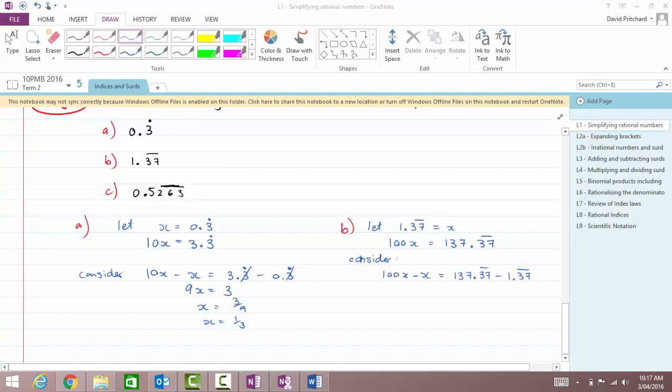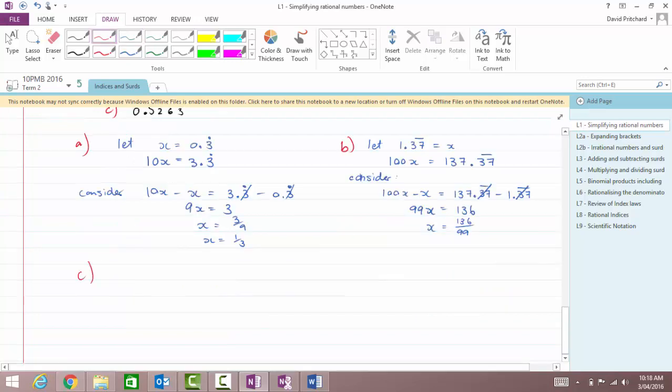We're cancelling out those recurring decimals. So we're left with 137 take away 1, and 99x. Then it's just a matter of rearranging, and we end up with x is equal to 136 on 99, and that won't simplify down any further. So that is our simplest form.